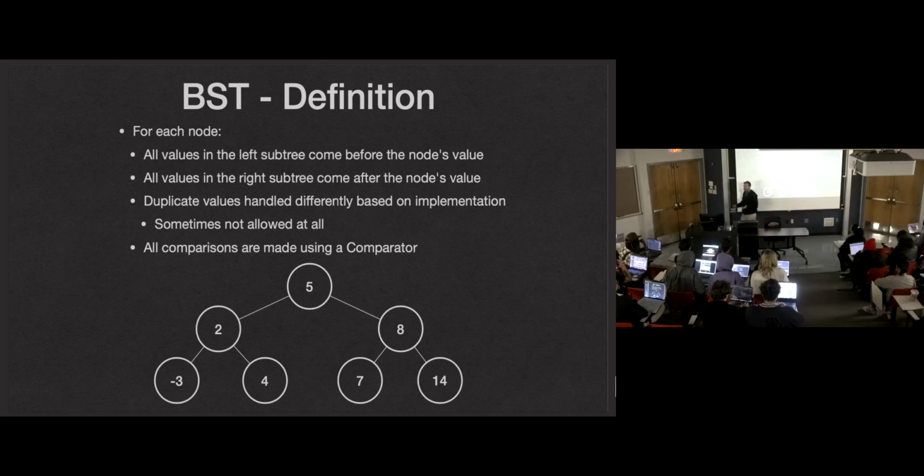A few caveats. I'm going to say less than throughout lecture and greater than, just because I don't feel like saying the whole thing every time, but it's comes before according to a comparator or comes after according to a comparator. And I'm going to assume we use the less than comparator, and that's what I'll use in my examples. But we do use generic comparators where everything to the left technically comes before the node's value according to a comparator, and everything to the right comes after that value according to a comparator.